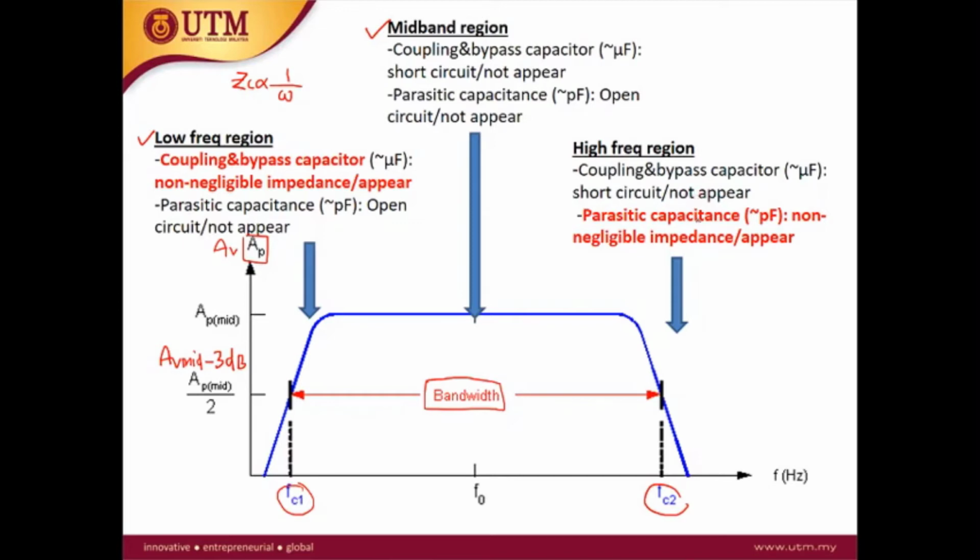For the parasitic capacitance, at the mid band and low frequency the impedance is very high, but as the frequency increases, this impedance will decrease from the high value into a moderate value. So this moderate value needs to be taken into account when we do the analysis. So in the high frequency region, this parasitic capacitor needs to be considered, and this capacitance will appear in the equivalent circuit.